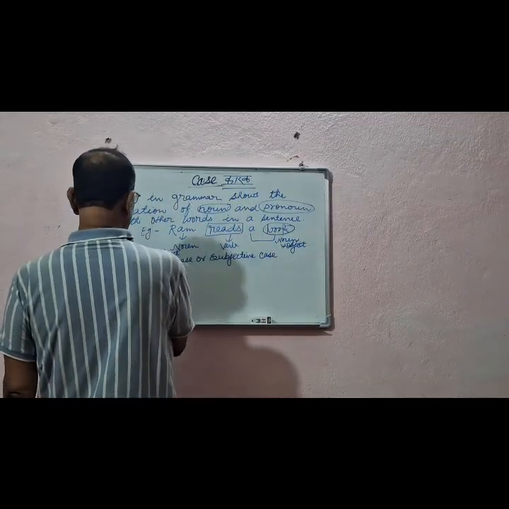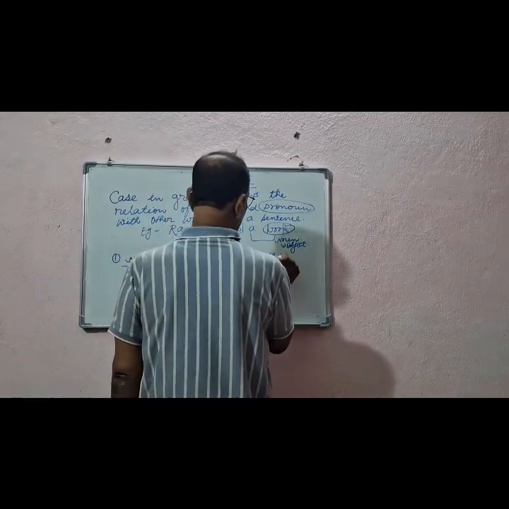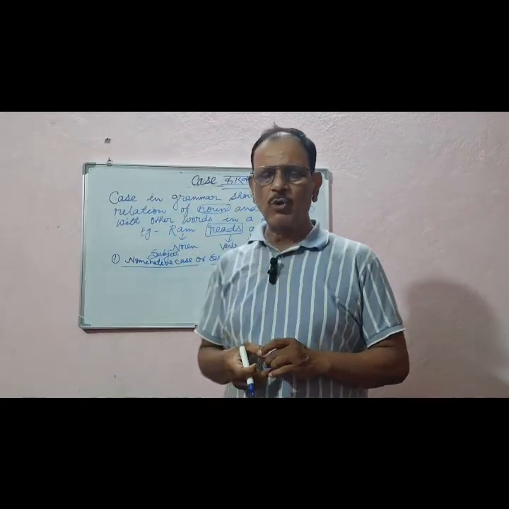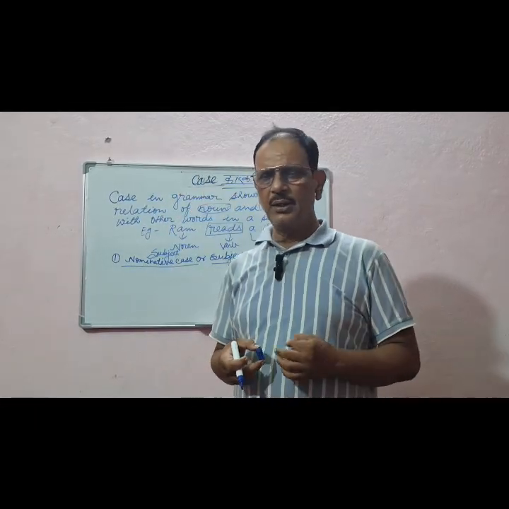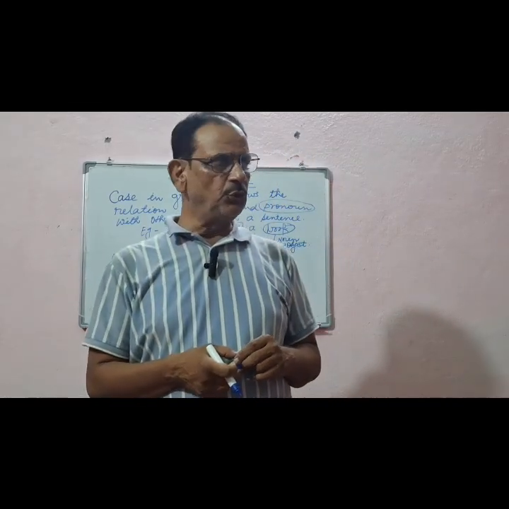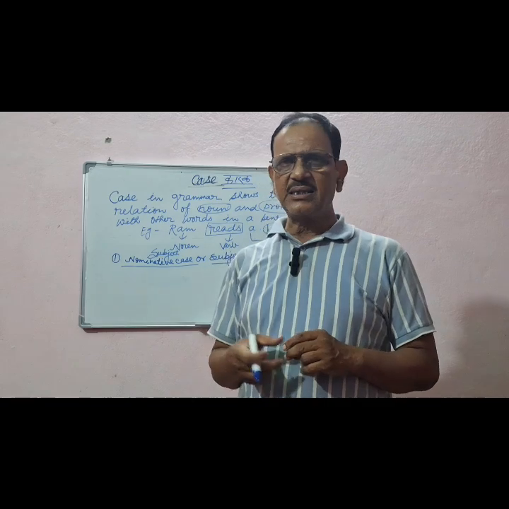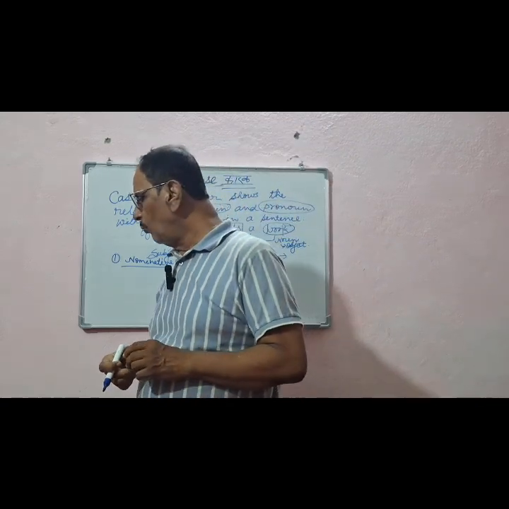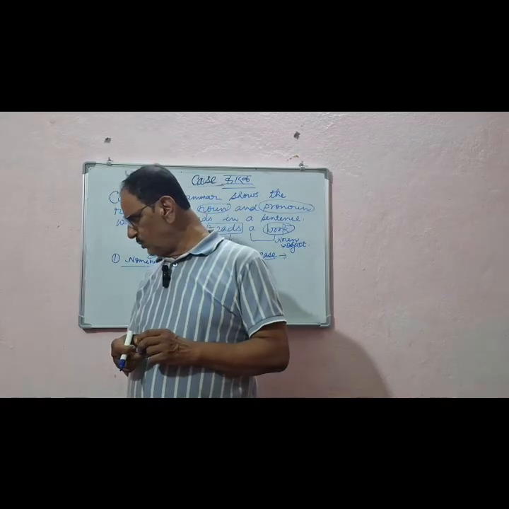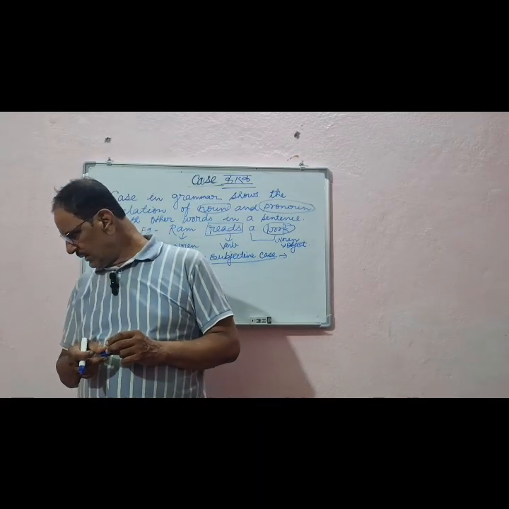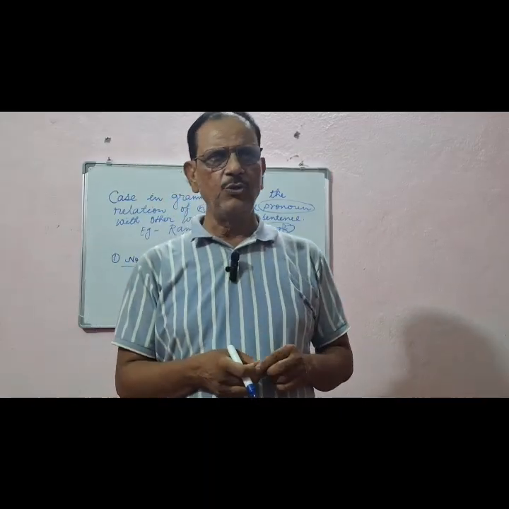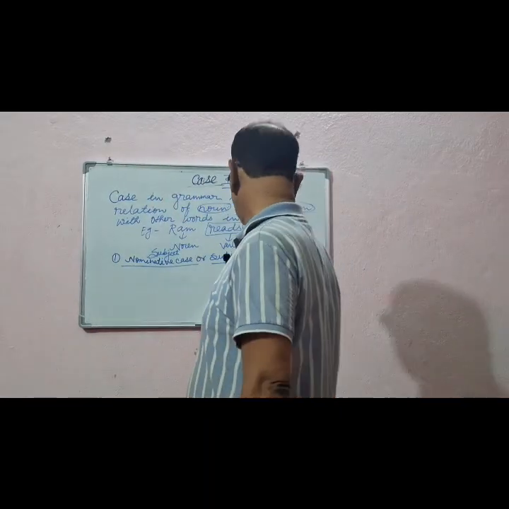This nominative case is said to be subjective case also. It has two names because you know very well that when noun and pronoun is used as a subject of the verb, it is called a nominative case.